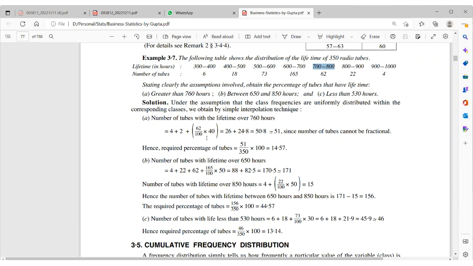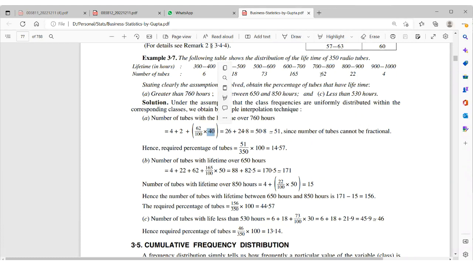Now, greater than 760 means what? The 700 to 800 class is a range of 100 hours, but we have to find only 40 hours, because more than 760 is only 760 to 800. So 40% is there.